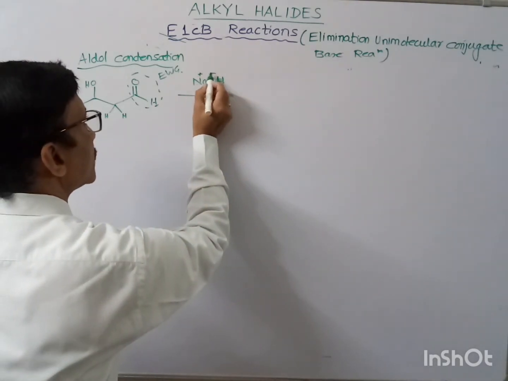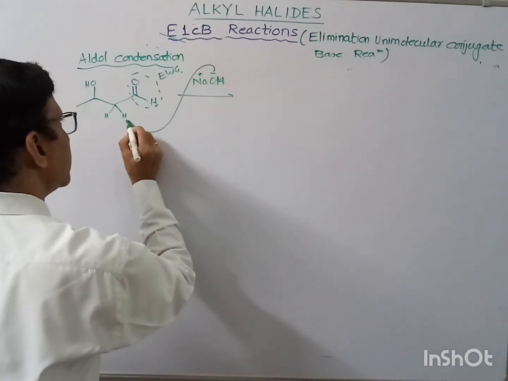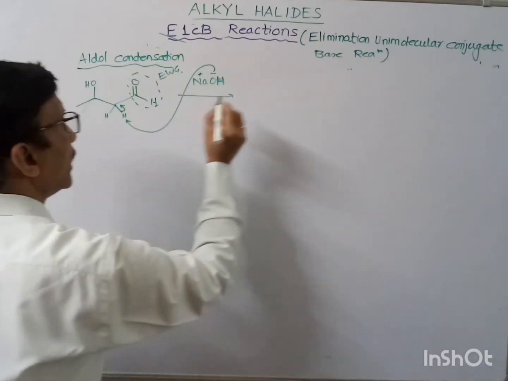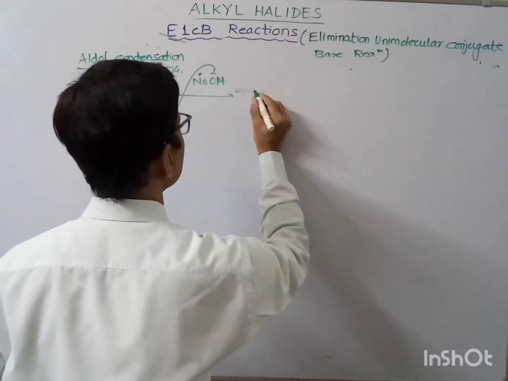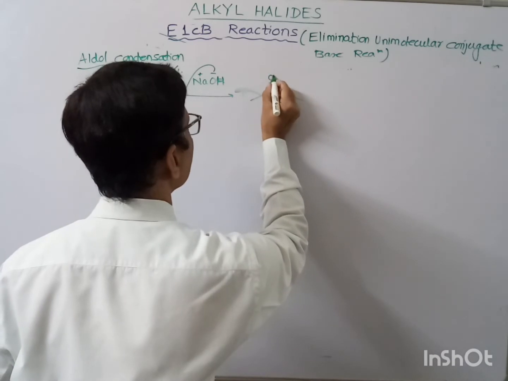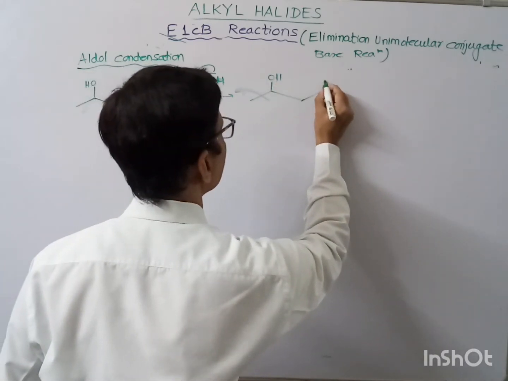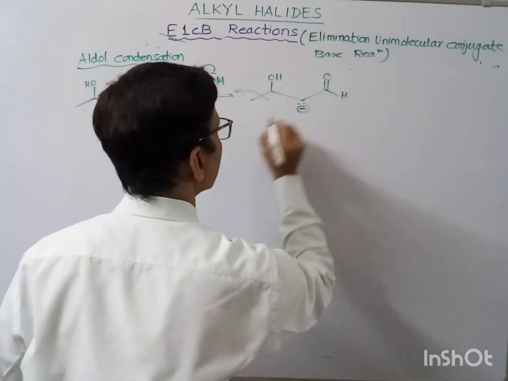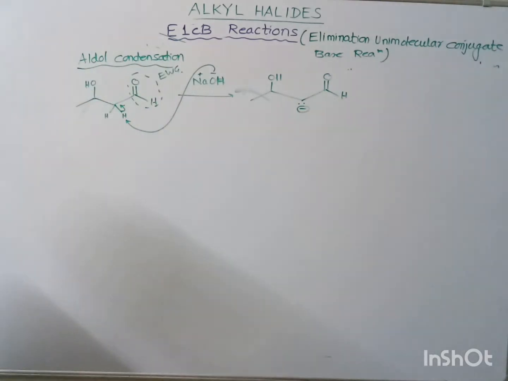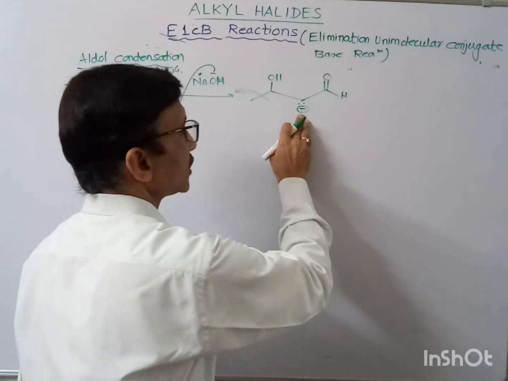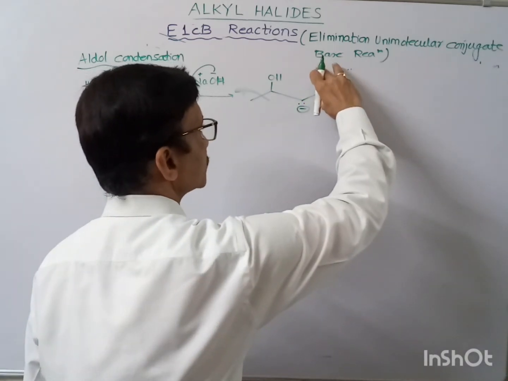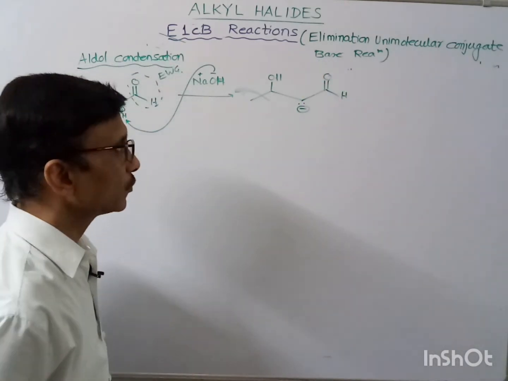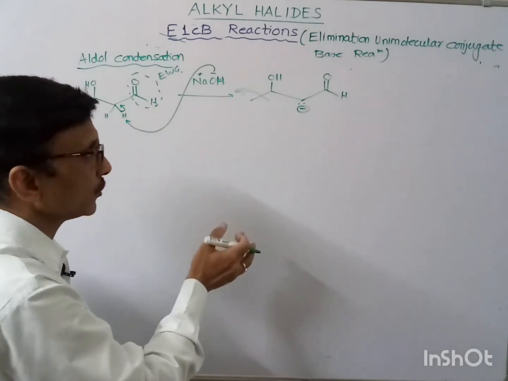So this will take out one of the acidic H over here, and the conjugate base will be formed. Okay, so this negative charge would be neutralized by this aldehyde group, which is the electron withdrawing group.